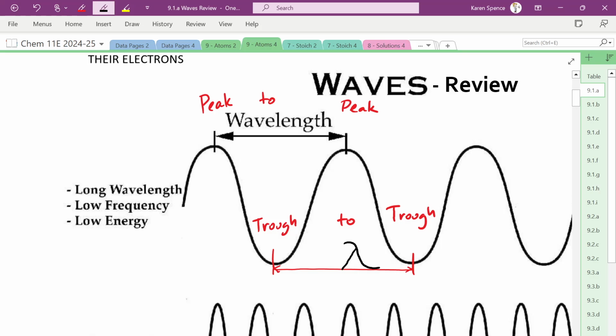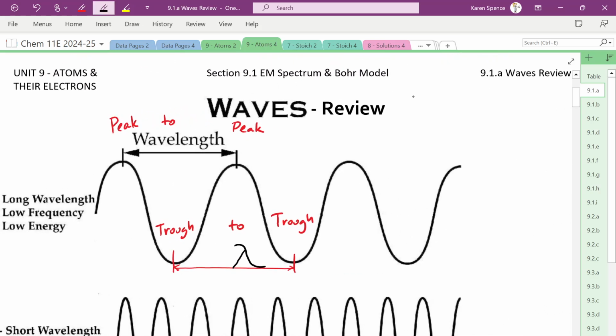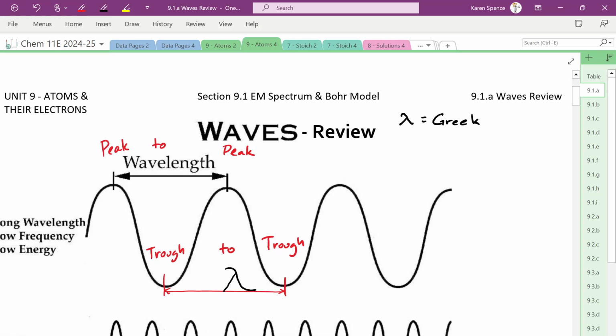And that is the Greek letter lambda. And it stands for wavelength.